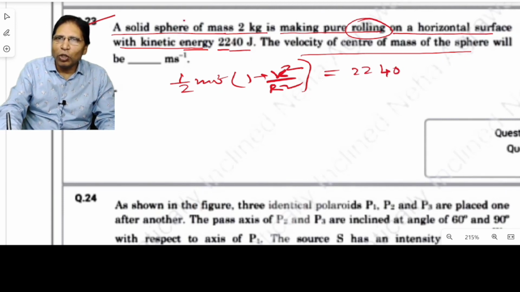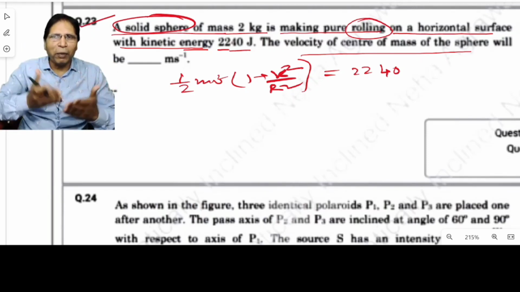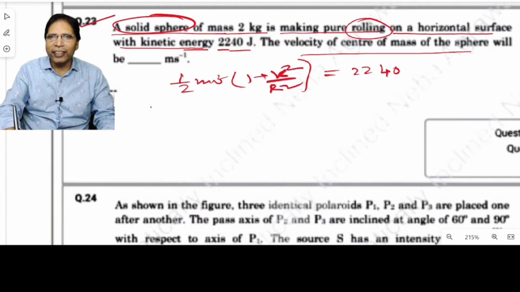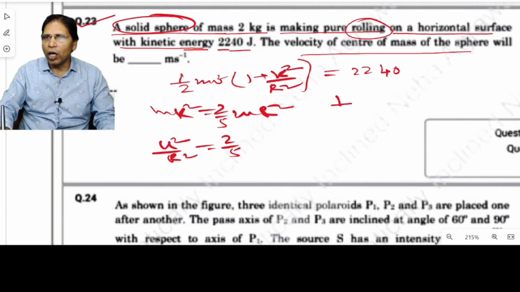Now for a solid sphere, its moment of inertia is 2 by 5 mr square. So mk square equals 2 by 5 mr square, so here k square by r square is 2 by 5. Now put the values here. So half into m, which is 2 kg, into v square, into 1 plus 2 by 5, equals 2240.